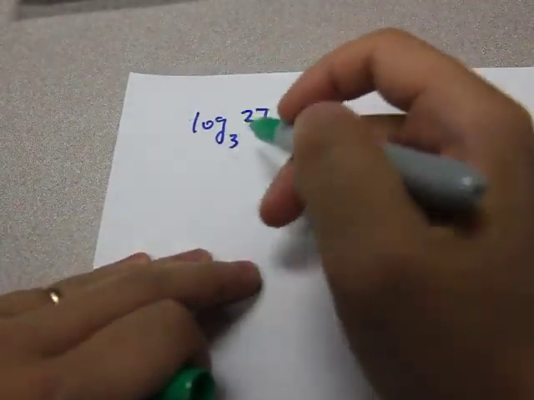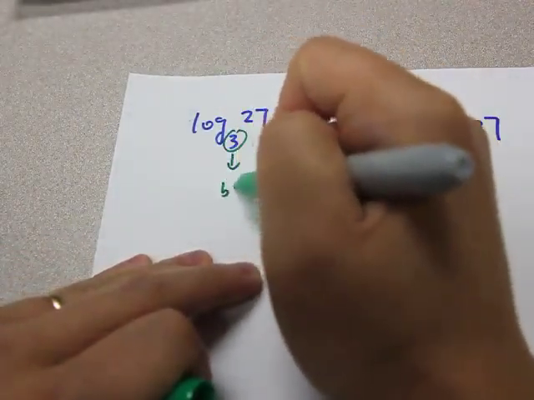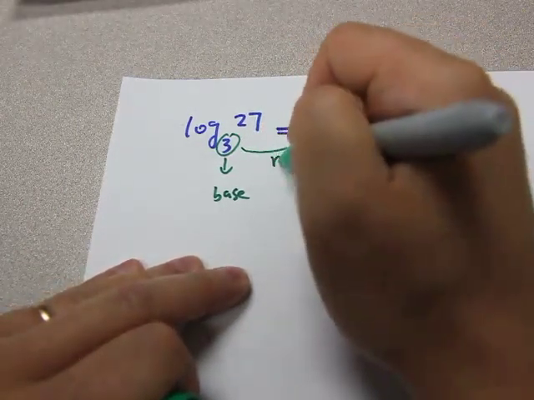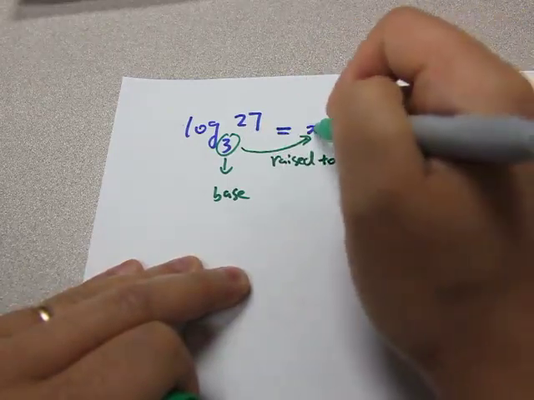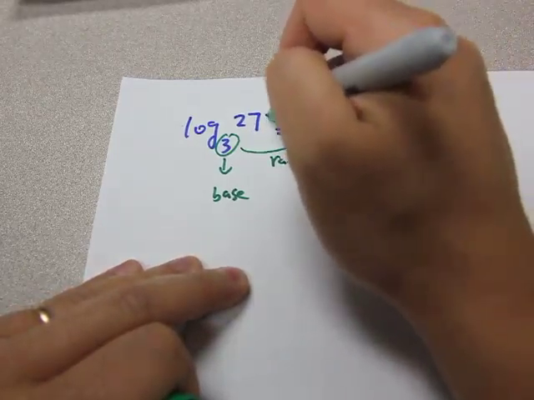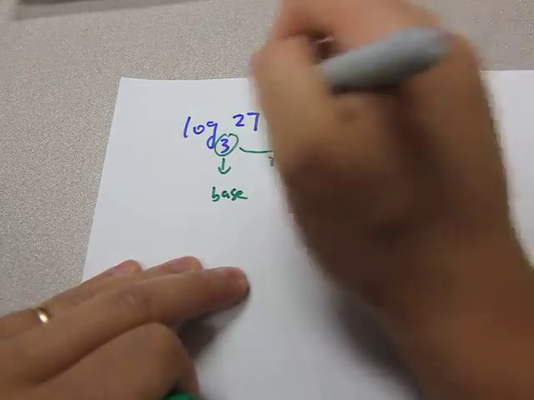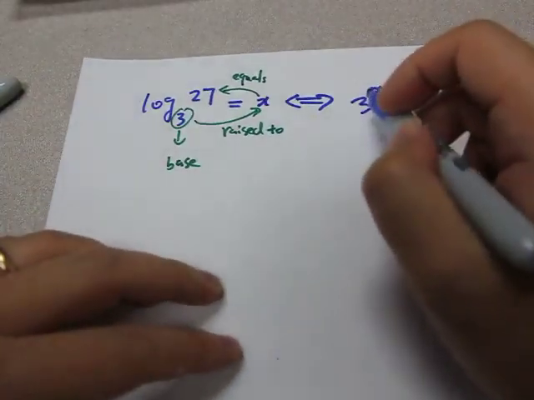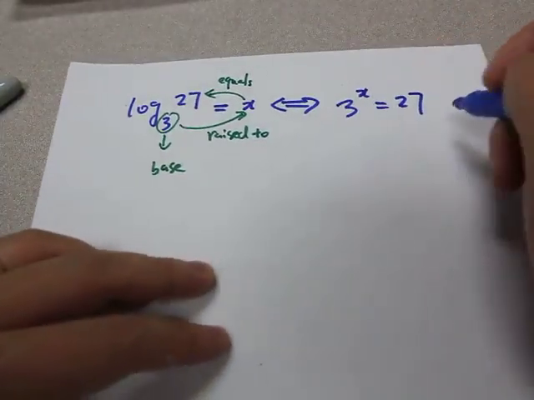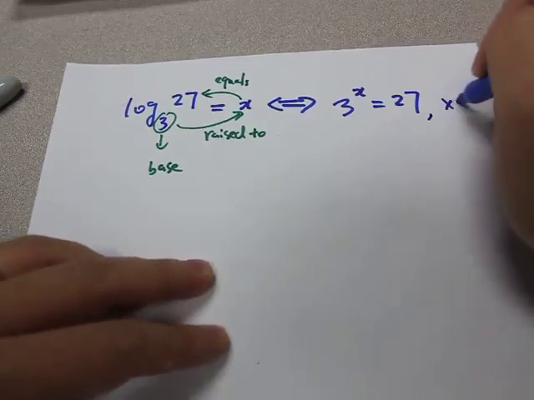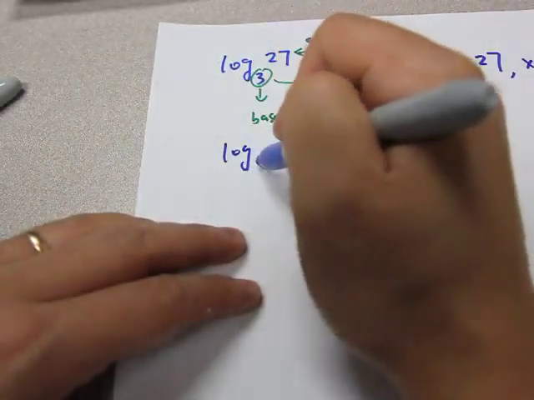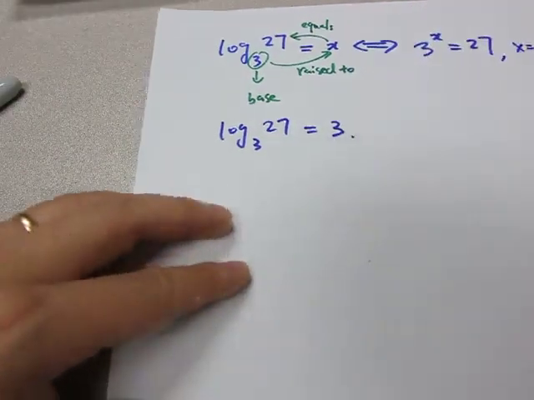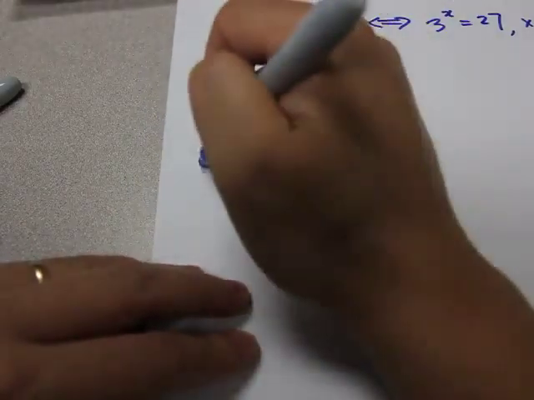So in this logarithm, the 3 is the base. Now because we know 3 raised to the power of 3 is 27, this logarithm log 3 of 27 is equal to 3. Okay?